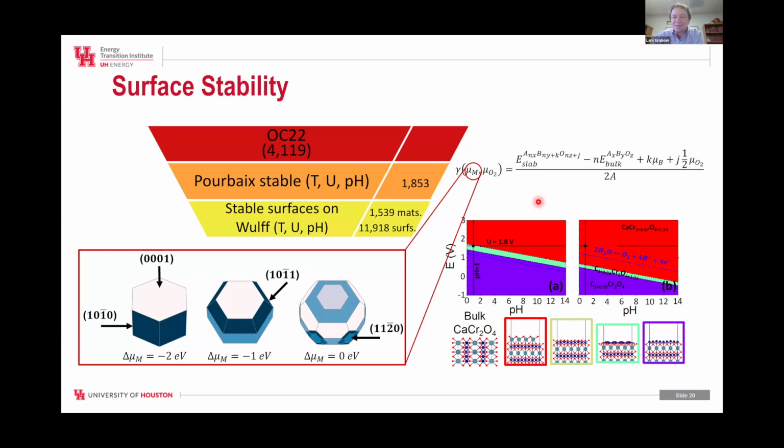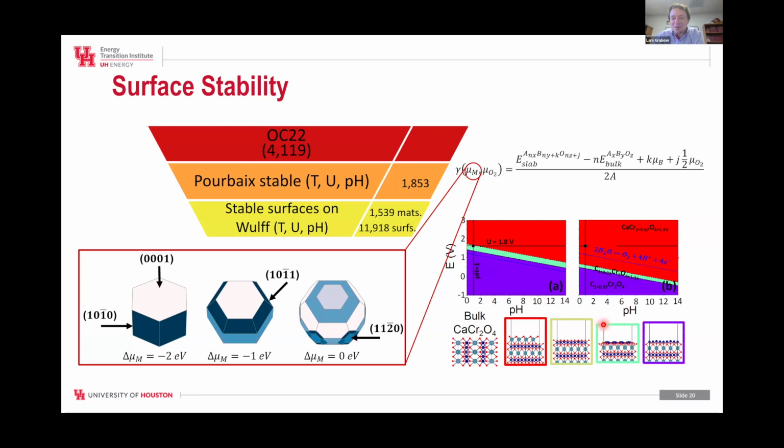Now, we can estimate the surface free energy, that's gamma, as a function of the oxygen chemical potential and the chemical potential of the metals. And so we can vary those, and we have an equation here that we can use to estimate the surface free energy. And then we can go into this graph. This is a Pourbaix diagram where we look at a pH, and we said we wanted to look at pH 1, and we want to look at a certain potential, and that's 1.8 volts. And wherever we land in this graph, we come into a color code, and the color code then corresponds to a surface termination.